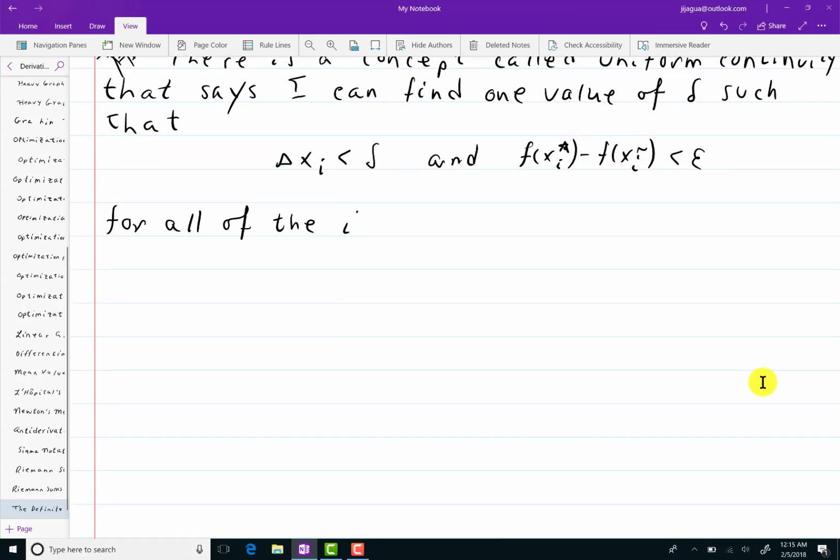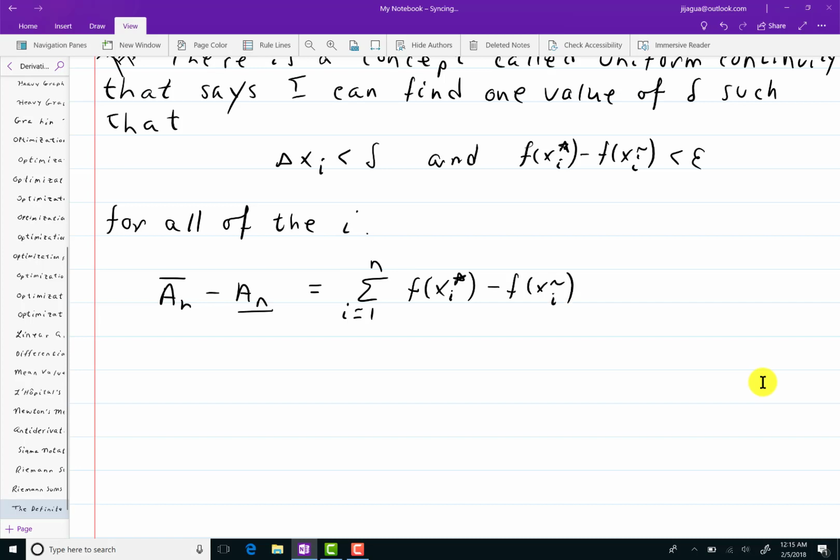But let's go back to where I had a n bar above minus a n bar below, and that was equal to the sum i equals 1 to n of f of xi star minus f of xi squiggle times delta xi.